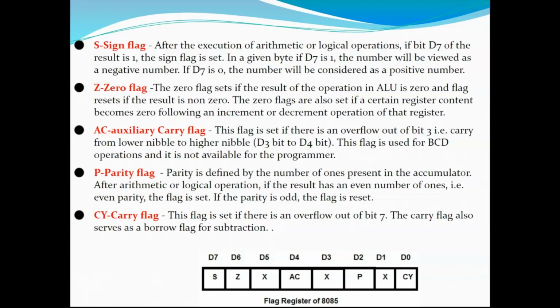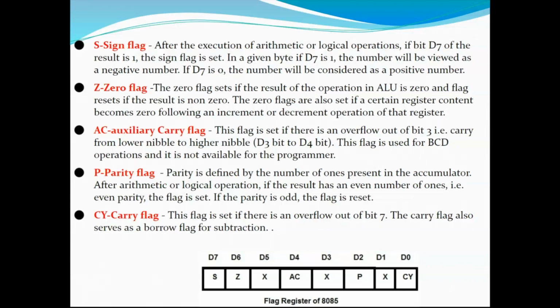Next, the zero flag. The zero flag is set if the result of the operation in the ALU is 0, and reset if the result is non-zero. The zero flag is also set if a certain register's content becomes 0 following an increment or decrement operation of that register.